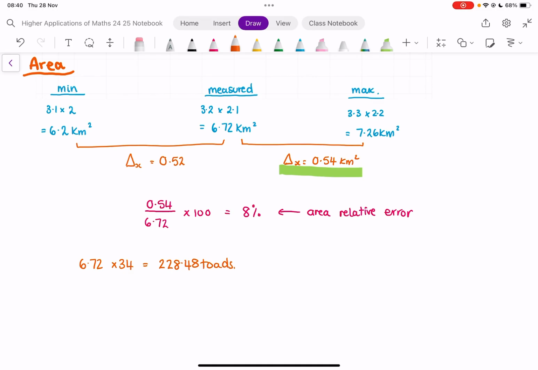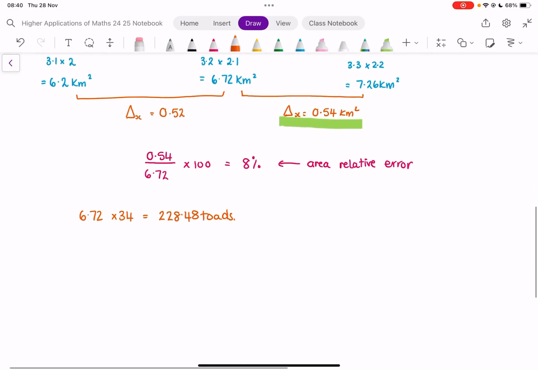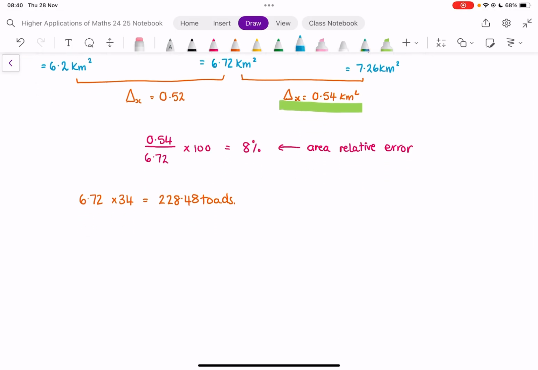So we know that there's an 8% error in the size of the woodland, but there's got to be an error for the number of toads that have been counted as well, because, well, toads might jump around a little bit. Okay, so if we think about the toad relative error, because they are discrete objects, the absolute error for the toads is 0.5.